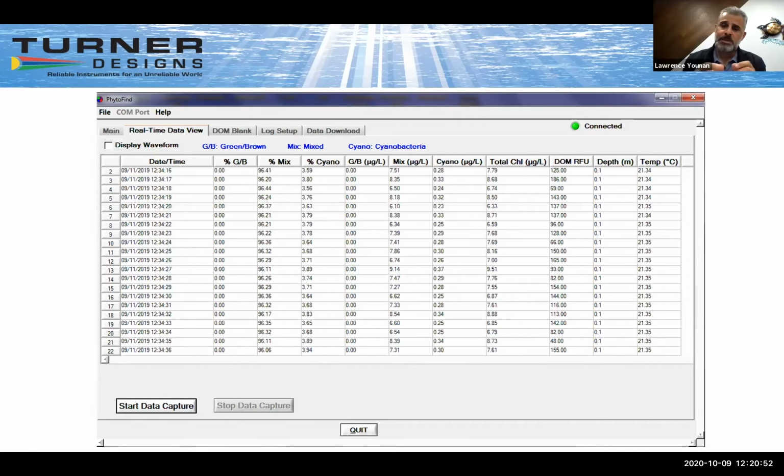And what's nice, you see that total chlorophyll microgram per liter concentration of chlorophyll. It's more accurate than the Cyanofluor one. The Cyanofluor, if you remember, used 2 channels. Now this one uses 3 sensors. So the more sensors you put into calculating the total chlorophyll, the more accurate your chlorophyll estimate is. And this is using in vivo fluorescence again.